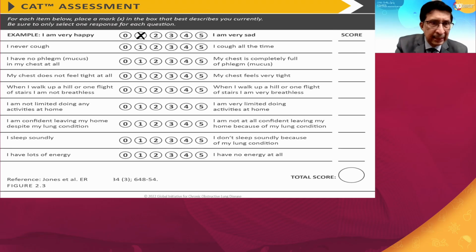Do you find tightness of the chest? Is there limitation of activities? Is he confident on leaving home? Does he sleep soundly at night? And does he have energy? So immediately a person makes a score, and a score of more than 10 over these 8 questions straight away indicates that there may be issues with the severity of COPD.